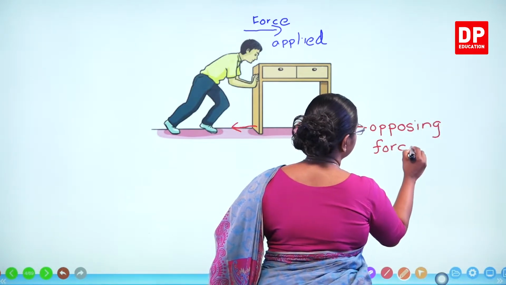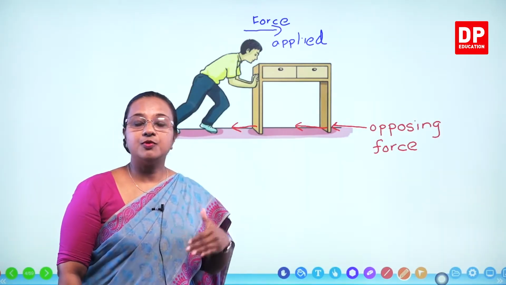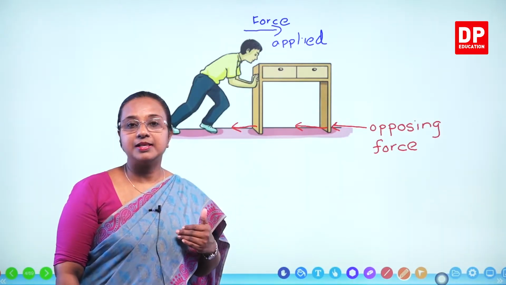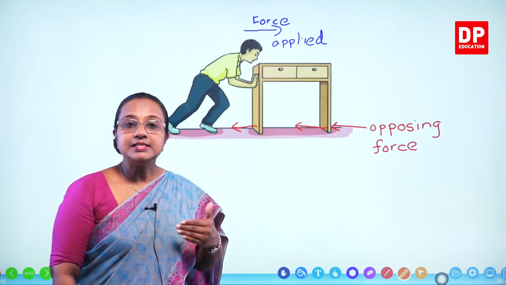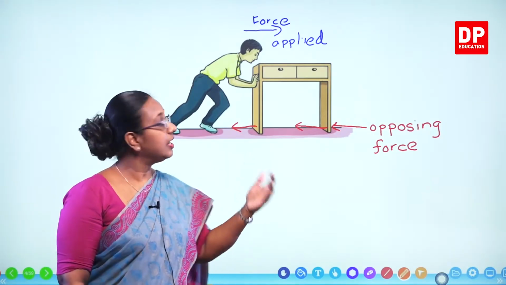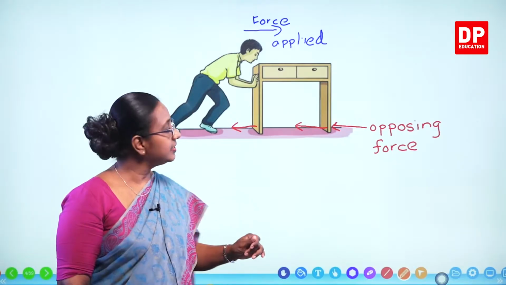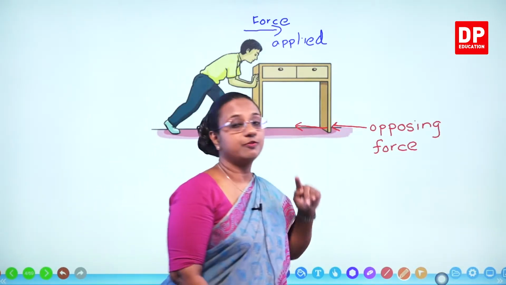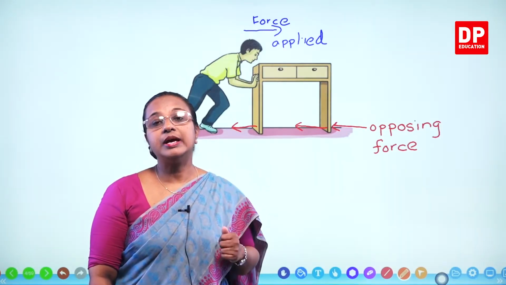The applied force will be balanced by the opposing force. Let's say we increase the applied force. Then also the table will not move. The reason is the opposing force, that is the friction, will also increase.